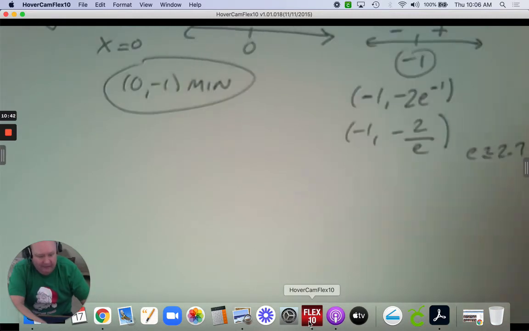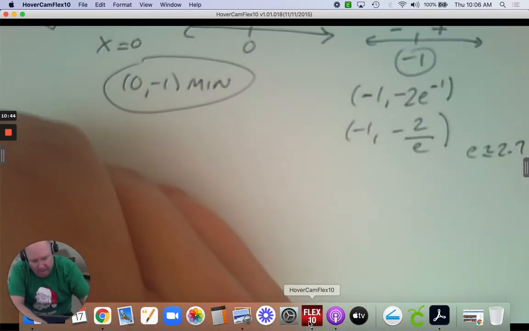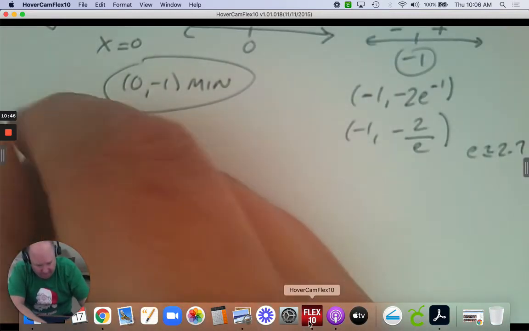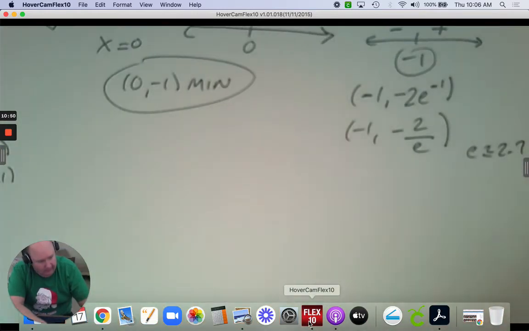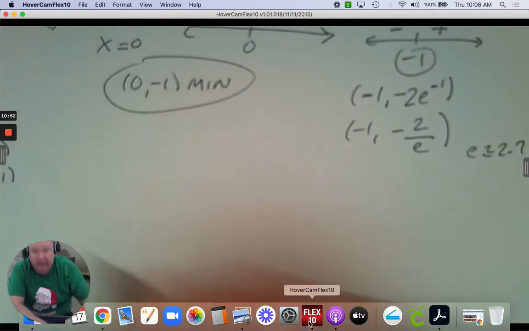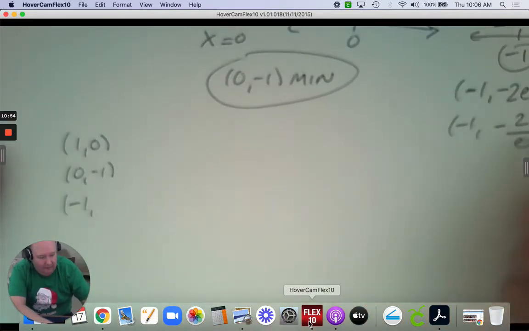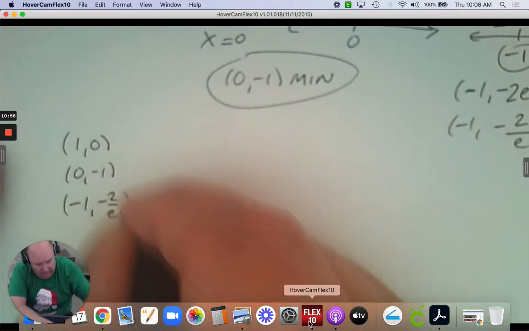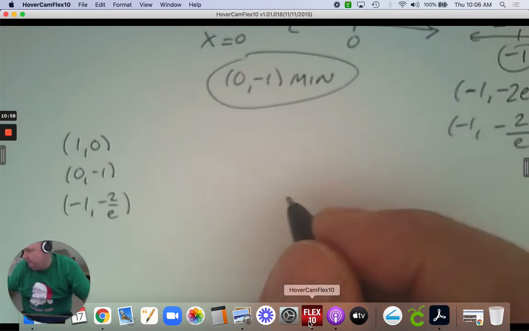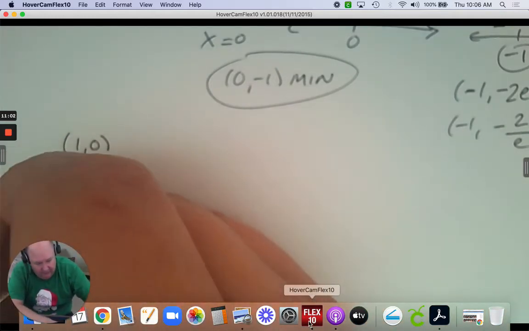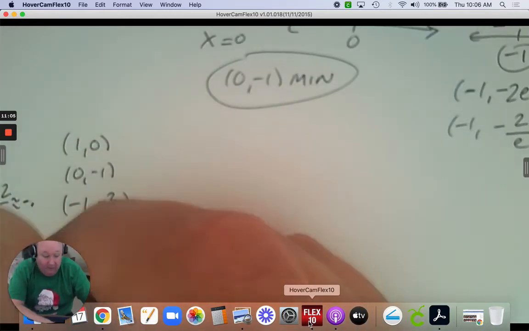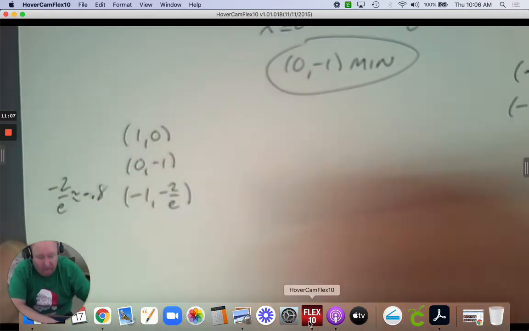All right, let's just summarize what we have so far. I want to put the point (1, 0), (0, -1), and (-1, -2/e). If I approximate -2 over e, that's about negative point, I don't know, it's less than 1, so like -0.8 or something like that.